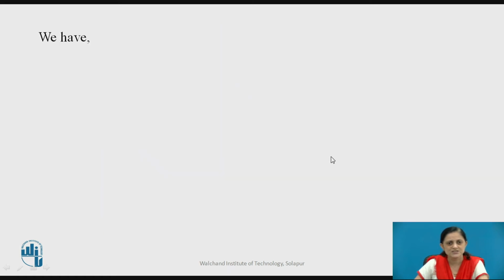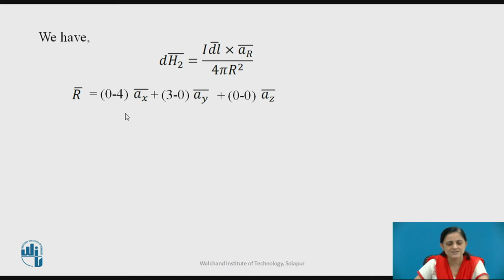The equation for r bar is (0 minus 4) a bar x plus (3 minus 0) a bar y plus (0 minus 0) a bar z. So you find this r bar vector as minus 4 a bar x plus 3 a bar y plus 0 a bar z. Instead of writing 0 a bar z, you can neglect the a bar z term, because its magnitude is equal to 0. So the r bar vector has only minus 4 a bar x plus 3 a bar y.